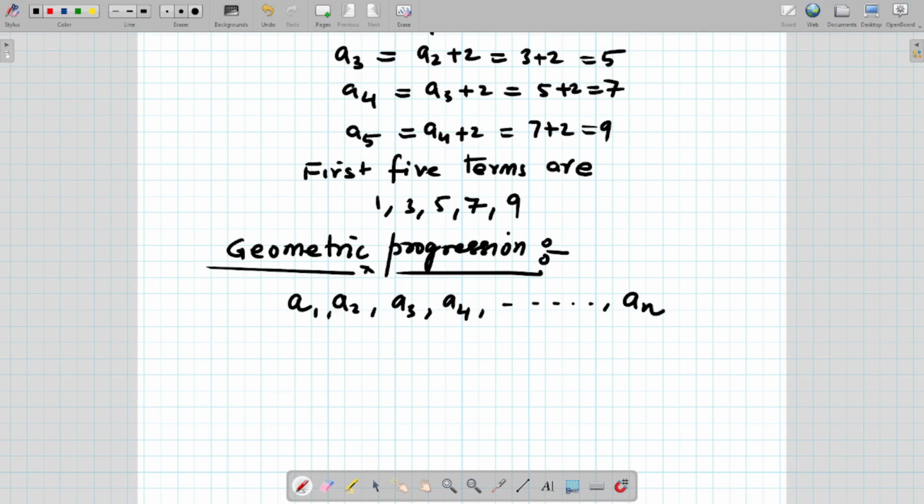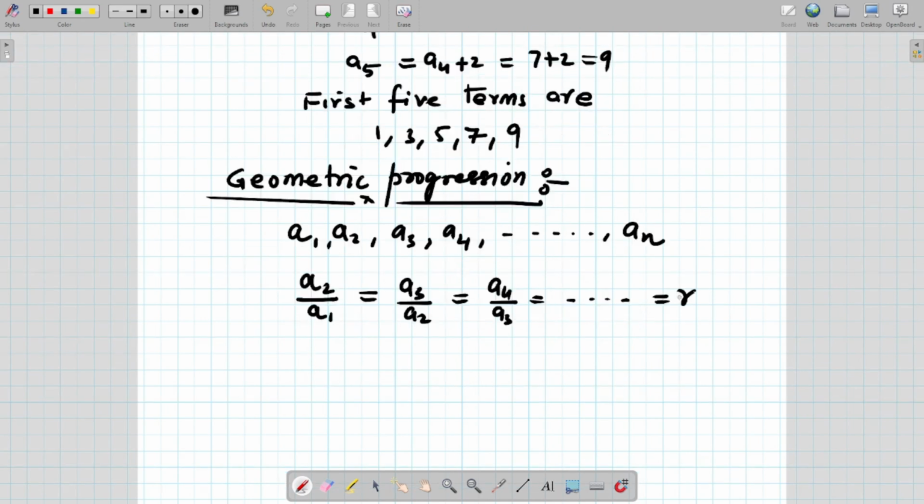My series will be called a geometric progression if it satisfies this condition, a2 upon a1 equal to a3 upon a2 equal to a4 upon a3 and so on, and we can call this ratio common ratio r. All right, so if a1 is termed as simply a, then a2 will be ar, a3 will be ar square and so on.